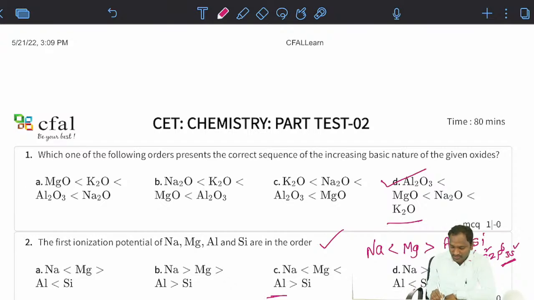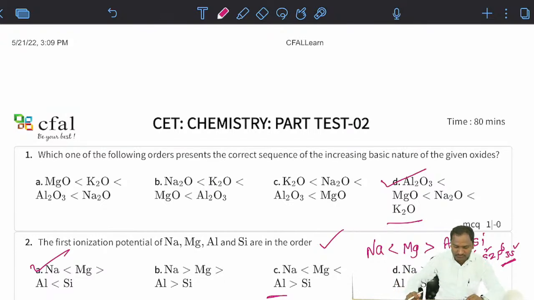In case of aluminum, you have to remove electron from p. So penetration power of s orbital is more, so s electron requires more energy. So there is exception here. So magnesium is having more ionization energy than aluminum. So the option is A.